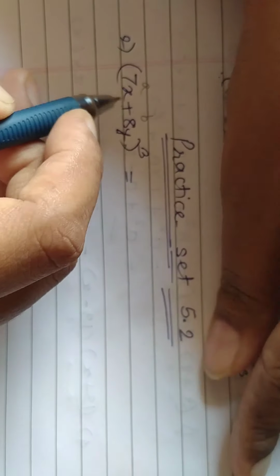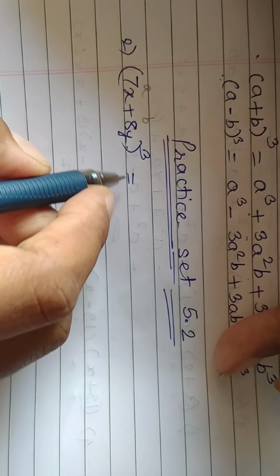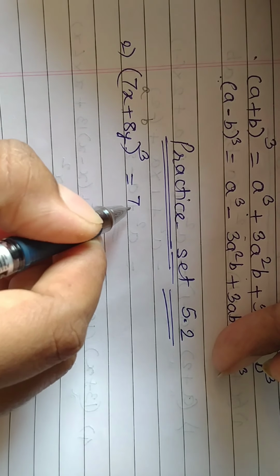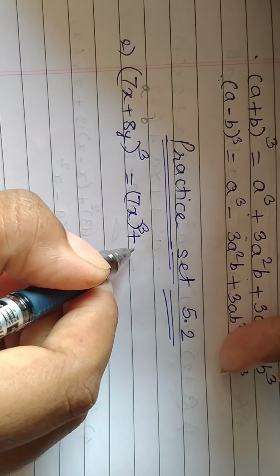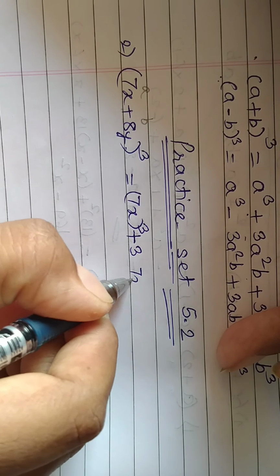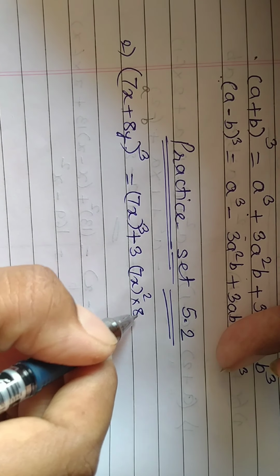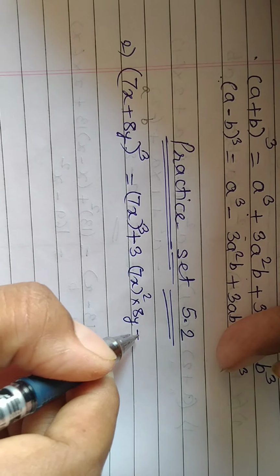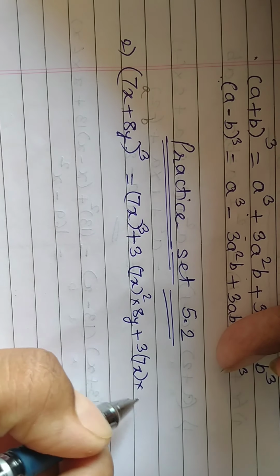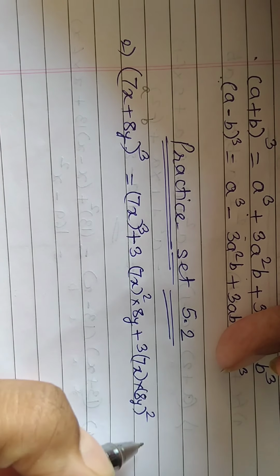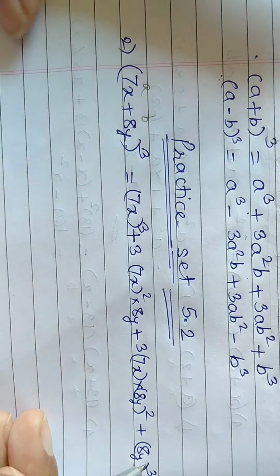Now see, first term cube, that is 7x cube, plus 3 into 7x square into 8y, plus 3 into 7x into 8y square, plus 8y cube.